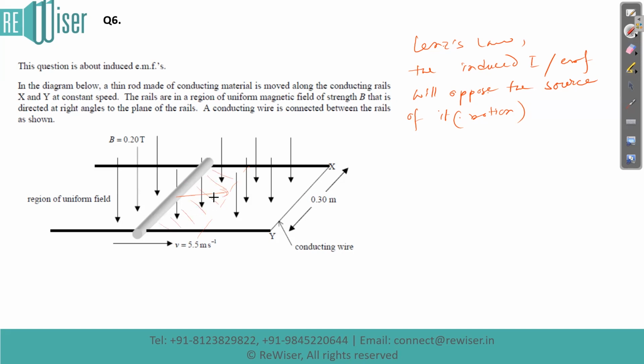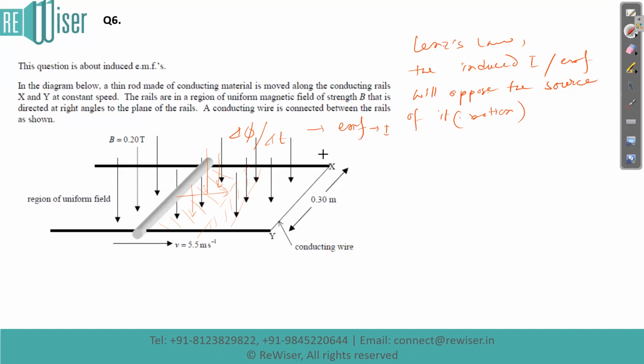So if you remember, the definition of flux is the number of field lines passing through the cross-sectional area perpendicularly. And as the area is increasing, flux is increasing. Or I'll say flux is changing with time, which induces EMF, which induces current.